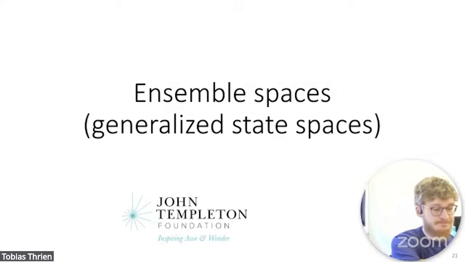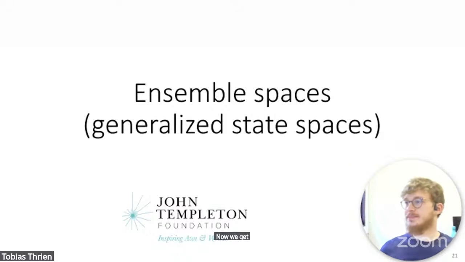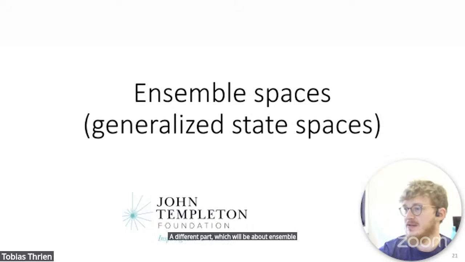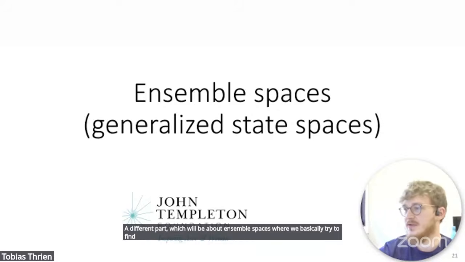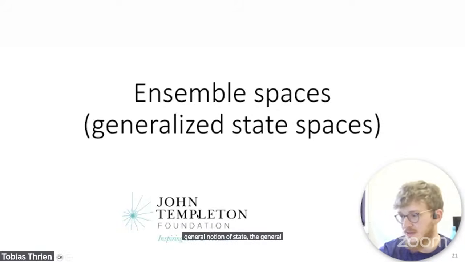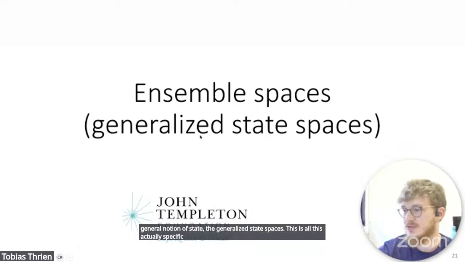Now we get to a different part, which will be about ensemble spaces, where we basically try to find a general notion of state, so generalized state spaces. This is actually a specific project funded by the John Templeton Foundation.